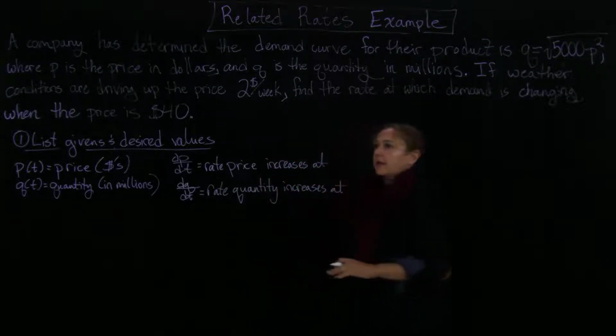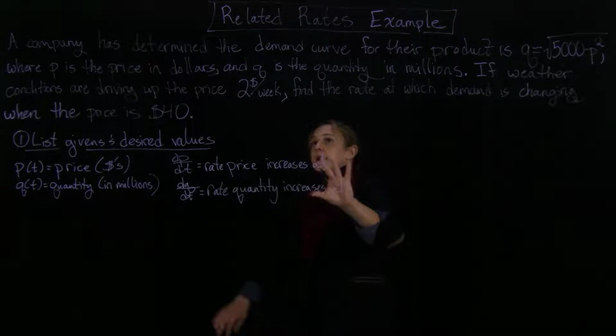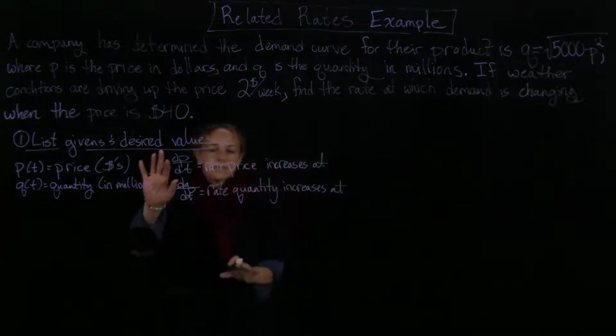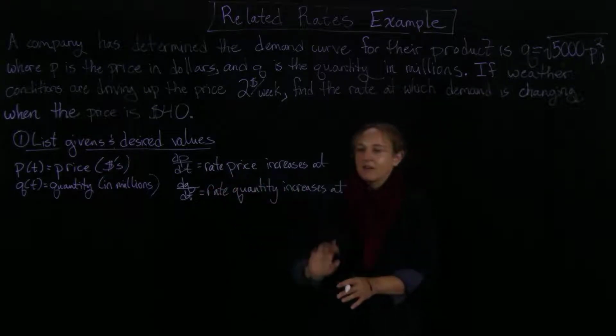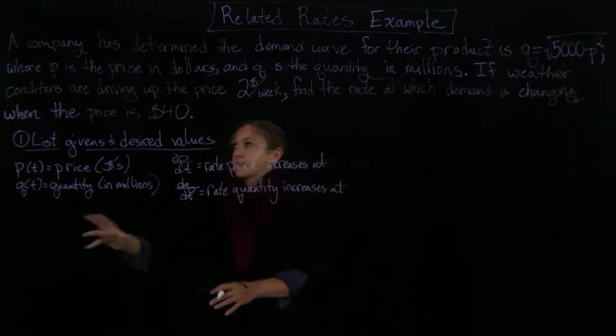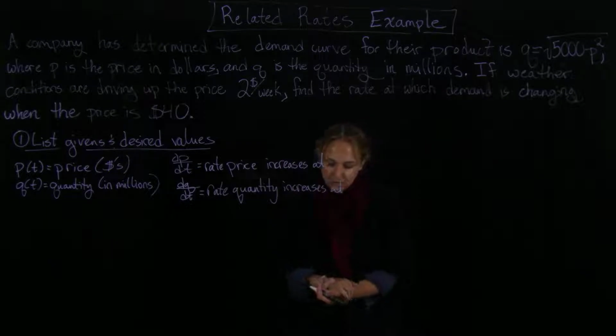These just came from the definition of what it means to take the derivative with respect to t. But these were given as the variables for those quantities.